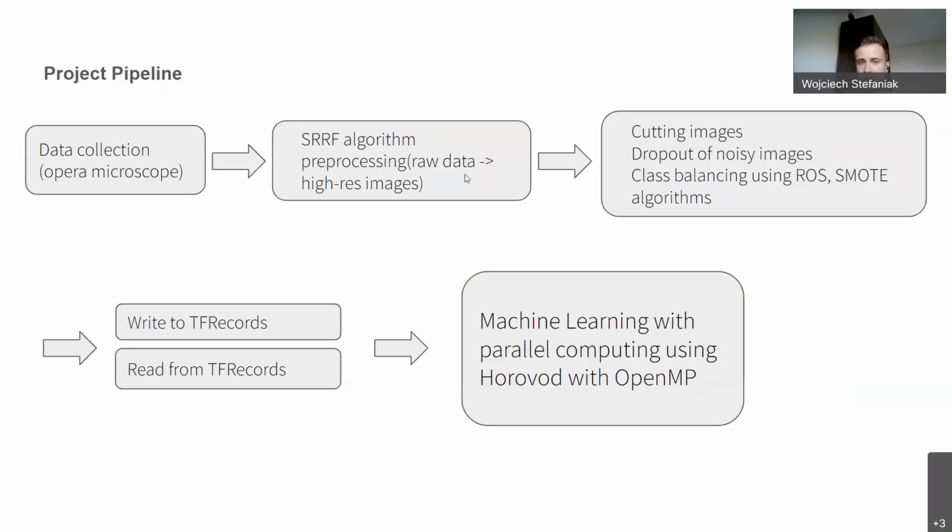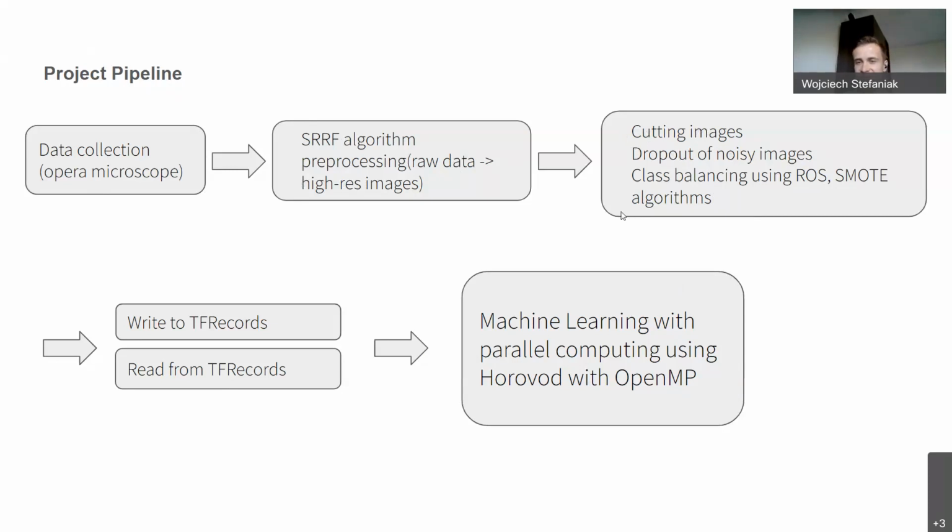We get raw data from our microscopes and we get high resolution images. I will get into the details of how it works and how it is scalable later. After the SURF algorithm, we get really big images that we have to feed into a neural network.